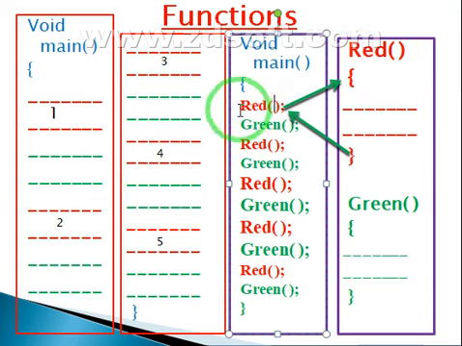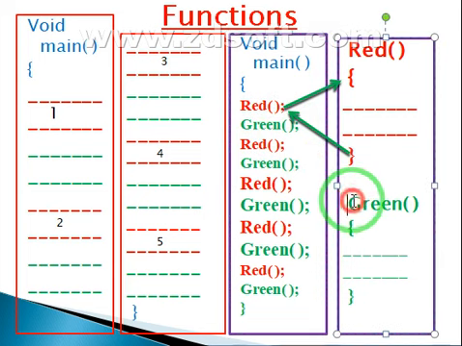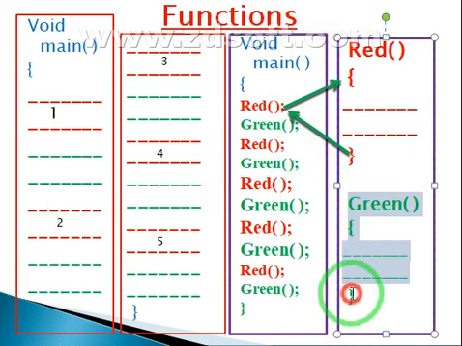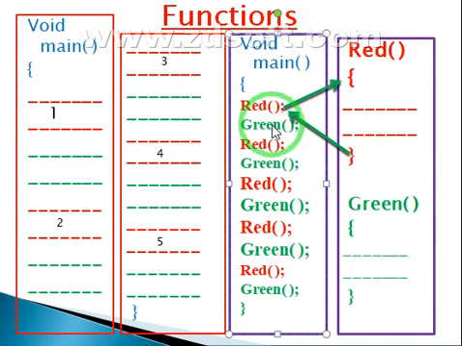Whenever we call this line inside the main function, execution starts from the function body, and after completion it returns back. Similarly for green: when we run that line, it continues from the function, and after executing all the lines, the control returns back to here.